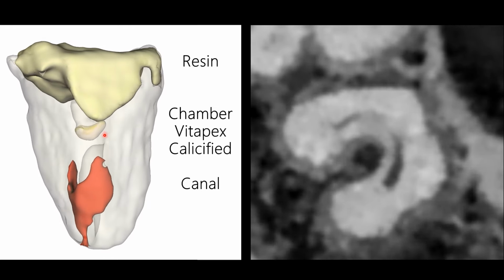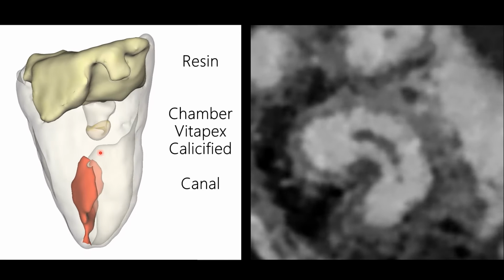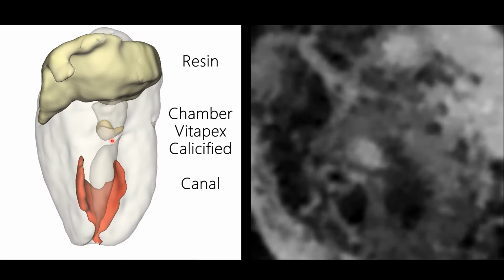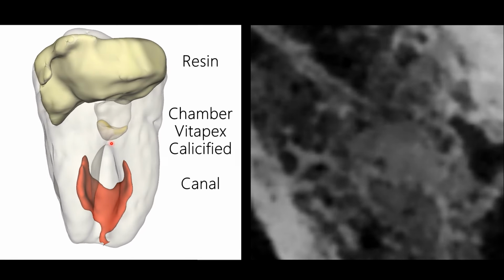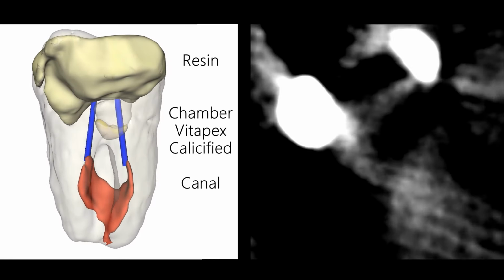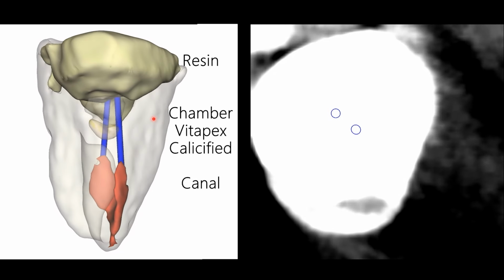The red part is the pulp, and this yellow part is where I drilled. As you can see, I went a little bit close to the bifurcation. I almost perforated.